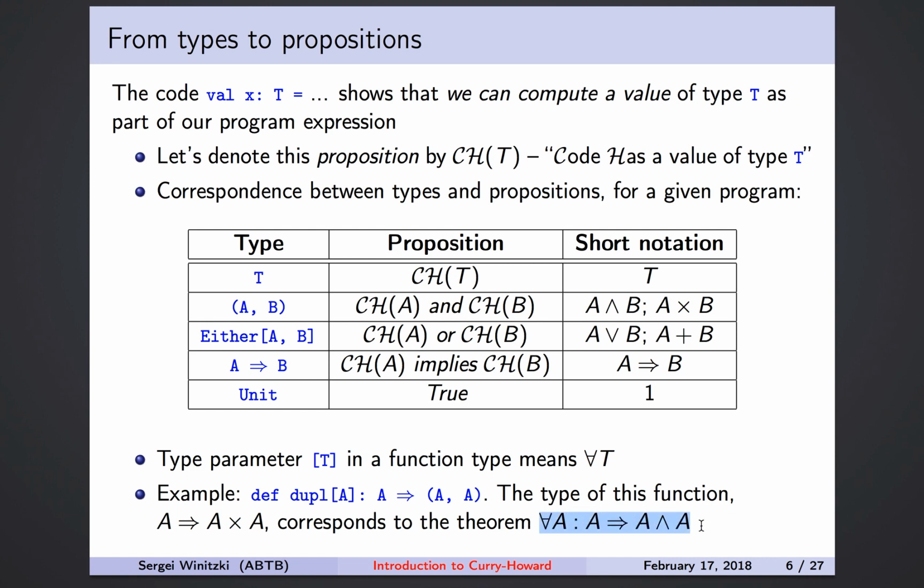Now, this statement, that for all A, it follows from A is true that A is true and also A is true, is certainly true in the logic. It's not a very interesting statement, but it is certainly a correct, true statement, or in other words, a theorem in the logic. So it's very interesting that functions that we have here correspond to theorems of logic.